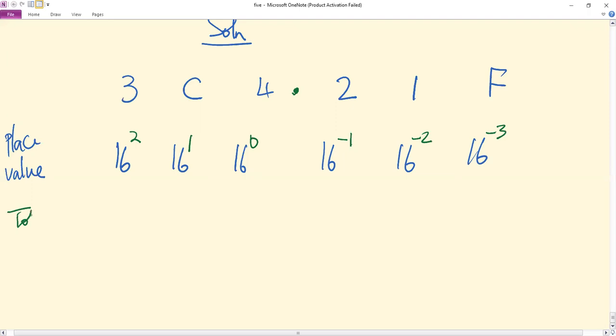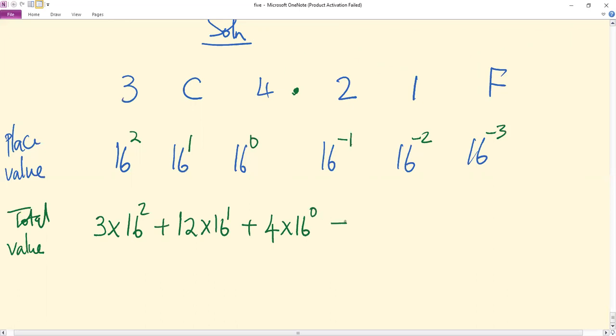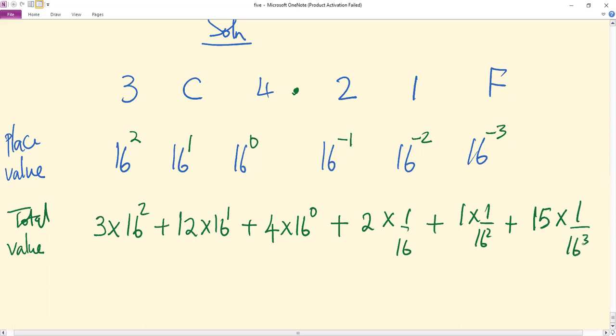So total value will be 3 times 16 power 2, plus C, which in hexadecimal represents the number 12, so 12 times 16 power 1, plus 4 times 16 power 0, plus 2 times 1 over 16, plus 1 times 1 over 16 squared. Now F represents the number 15, so 15 times 1 over 16 power 3.